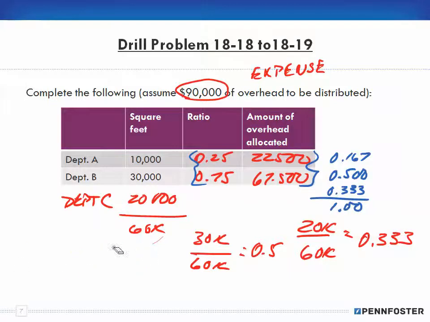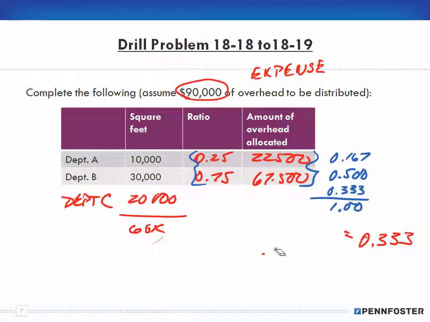And then all I'm doing again is just taking the 90,000 and multiplying it by 0.167.